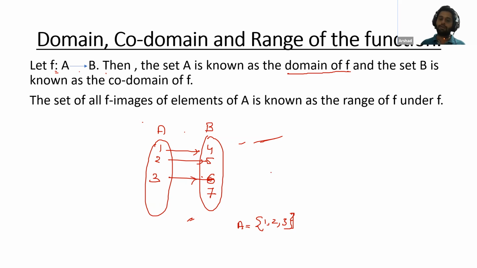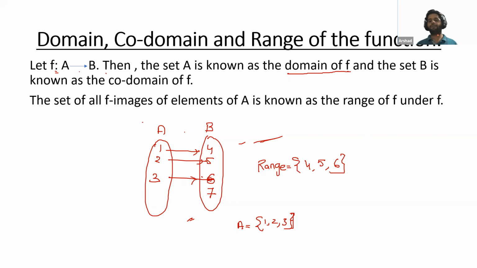What is the range? The range is the set of all F images of elements of A. That means the images of these elements 1, 2, 3. What is the image of 1? 4. What is the image of 2? 5. What is the image of 3? 6. So the images of 1, 2, and 3 are called the range.